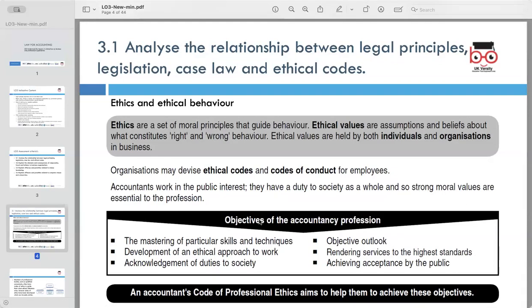Through adherence to a code of professional ethics, accountants strive to achieve these objectives, thereby ensuring the highest standard of service and garnering acceptance by the public.